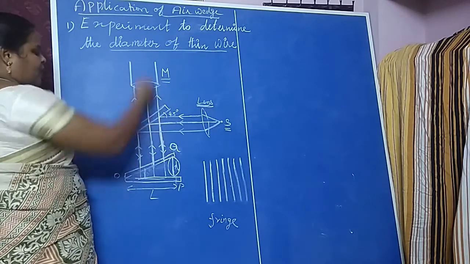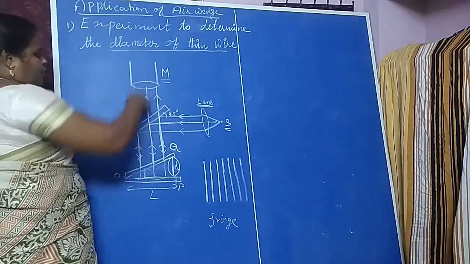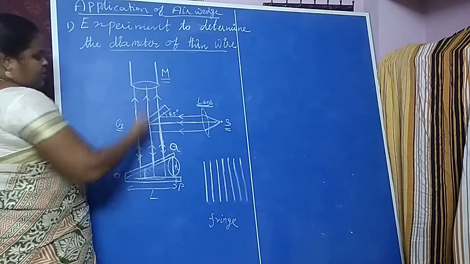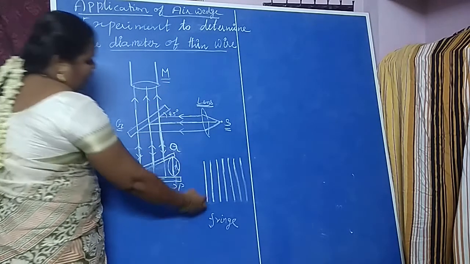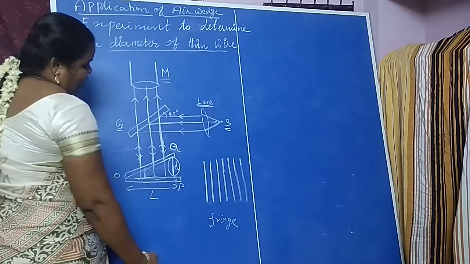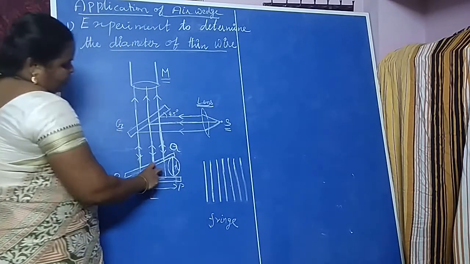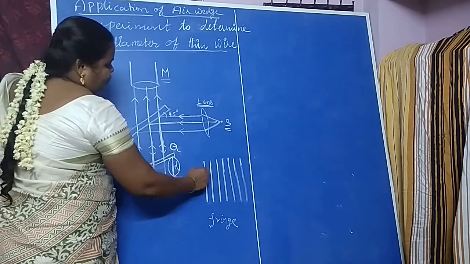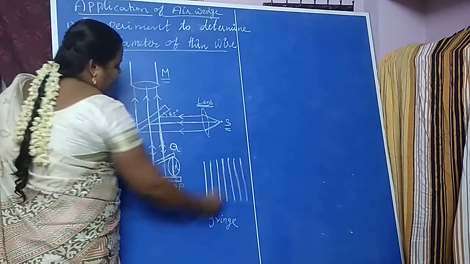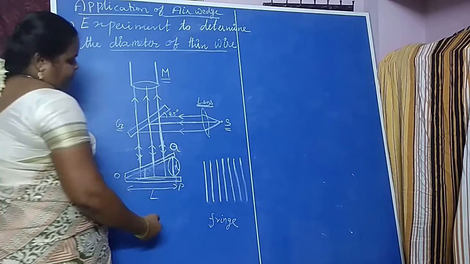This microscope is kept vertically above the inclined glass plate G. Using this microscope, we will see the interference pattern, that is, the fringes formed due to the air wedge setup. We will get alternate bright and dark fringes from the interference pattern.